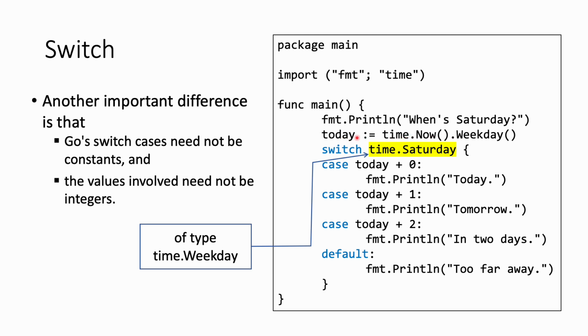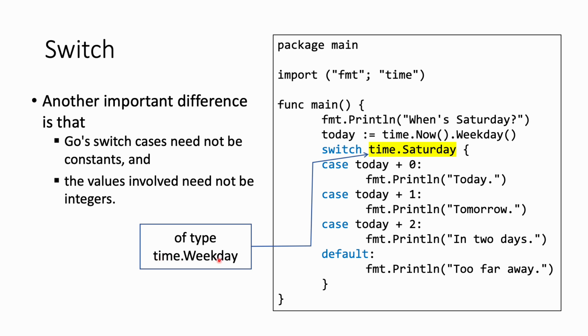So variable today is also of type time.Weekday. The cases in this switch statement are not constants, but the addition of today and a number. The values of these additions are of type time.Weekday.